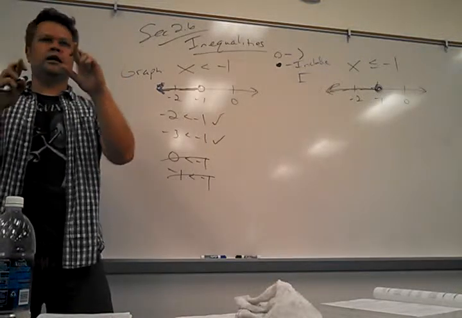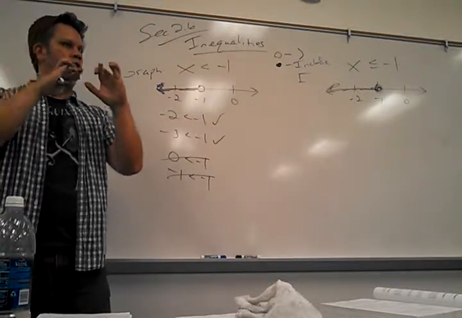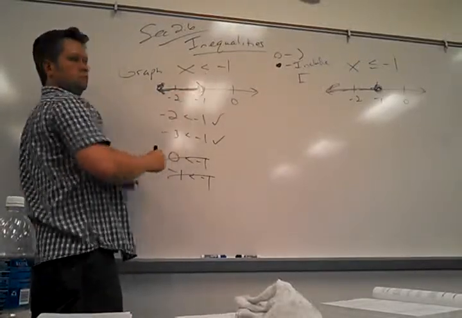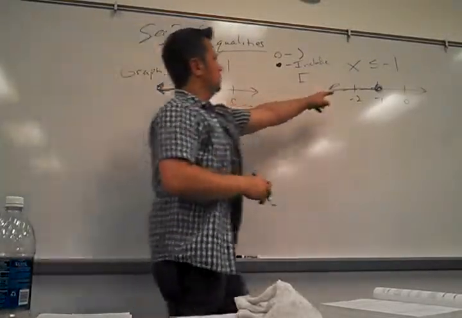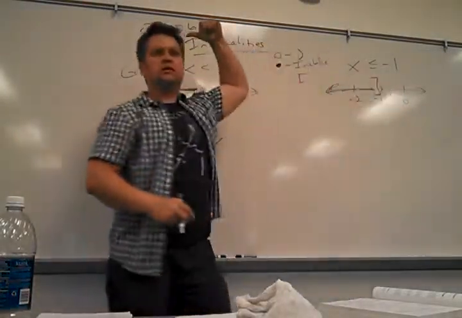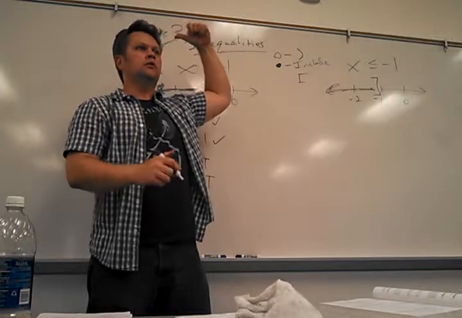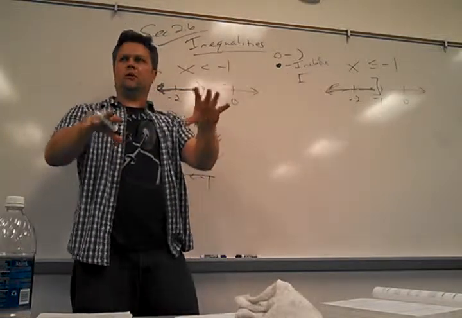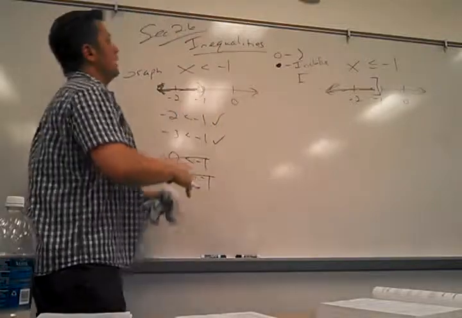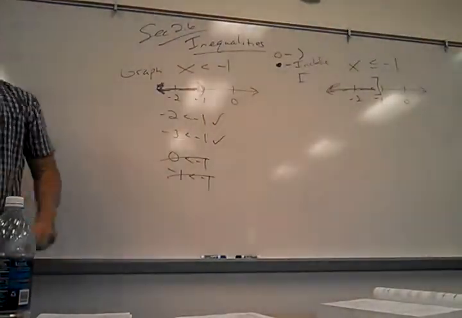So how should I really do this then? Like that. And how should I do this? Bracket. Like that. You see how it's open in the direction it's going to shade? Let's do a couple more basic ones, and then we'll start doing some we have to solve. And then we'll talk about interval notation.